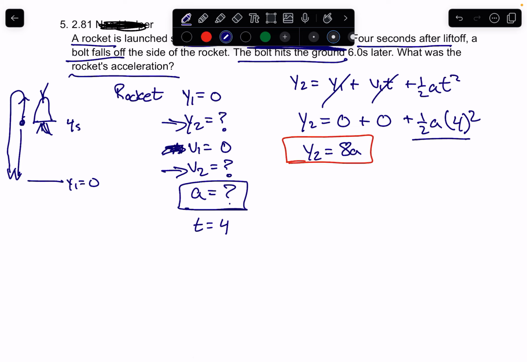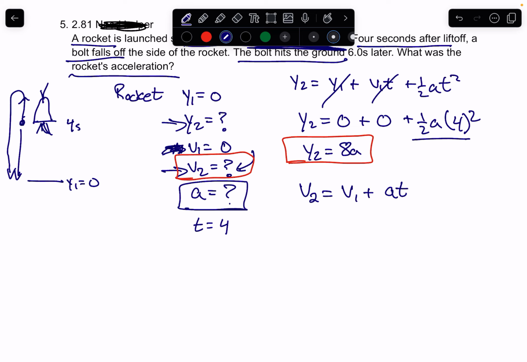Then I need to find what v2 is, and I need to leave it in variable form. The equation is v2 equals v1 plus at.